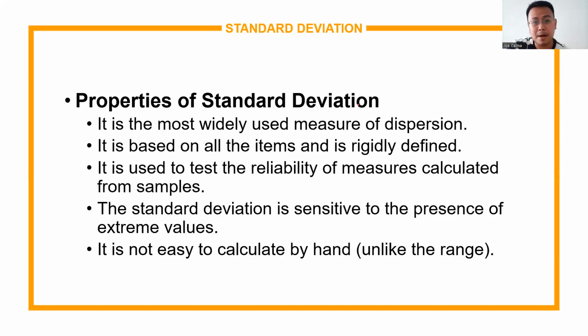Why? Kasi, kung siya yung may pinakamababang standard deviation, ibig sabihin, yung sinasabi nilang buhay ng kanilang bumbilya ay lapit-lapit lang. Di ba? Consistent yung mga data nila, or halos lapit-lapit lang.